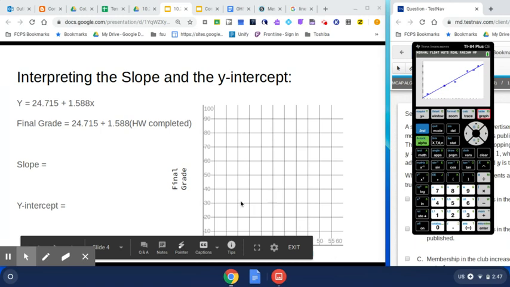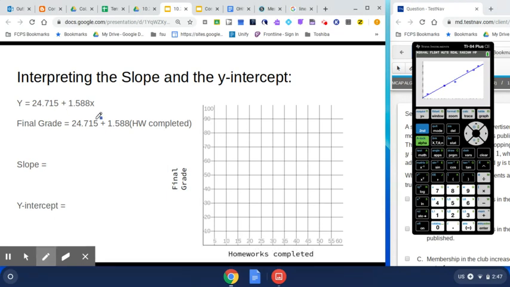If I were to graph this by hand, my y-intercept value is 24.715. So that is the point where it's going to touch the y-axis. In order to get to my next point, I would use the slope. So I'm just going to put that slope over 1.